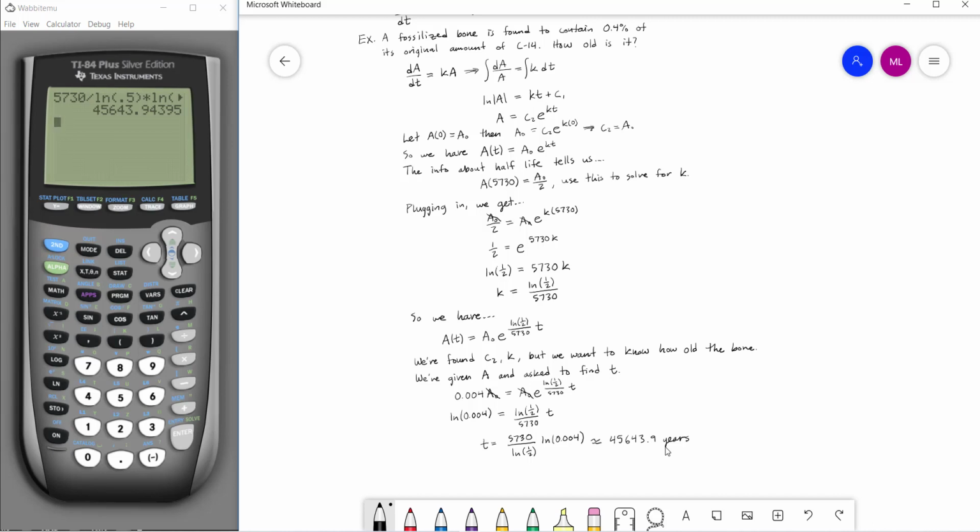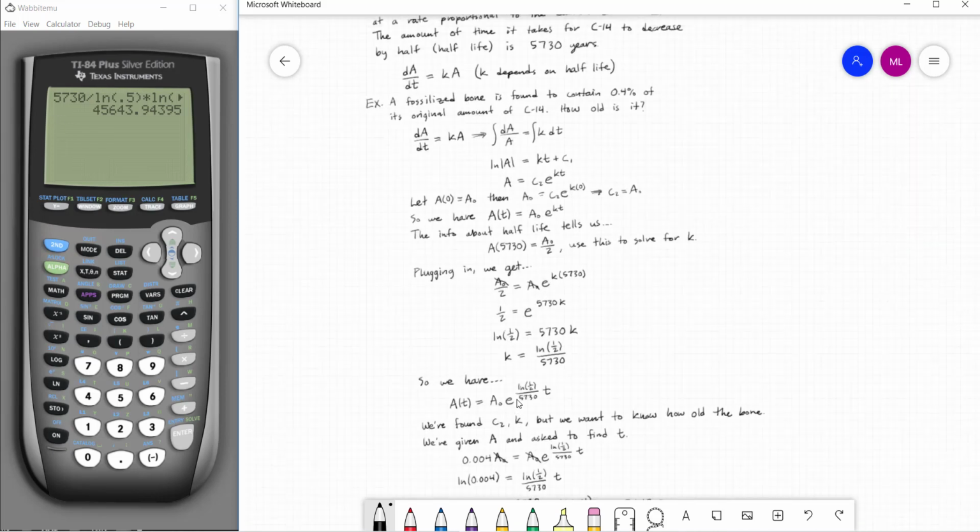So just keep this in mind. We're going to use conditions to solve for unknowns, but the question might not just ask for the equation that we've got here. They may ask you to apply this equation in some way to answer a practical question. In this case, how old is the fossilized bone?